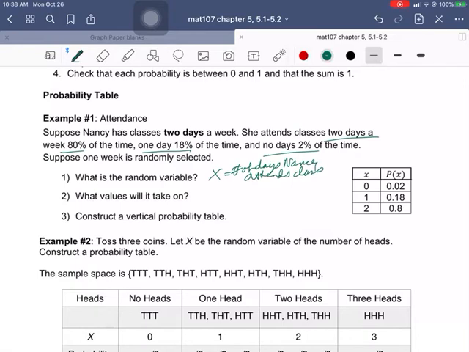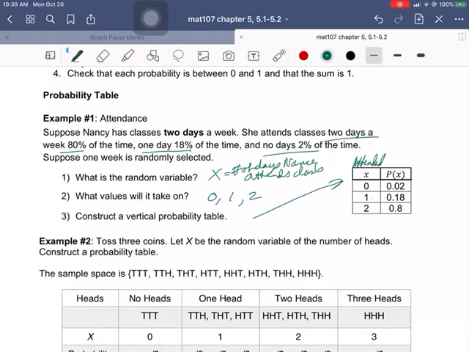So what values could it take on? Well, did she come both days? Or not come both days? So she didn't come any days, she came 1 day, or she came both days. Okay. Construct a vertical distribution table. So 0, 1, or 2 days attended. That's the random variable we picked.